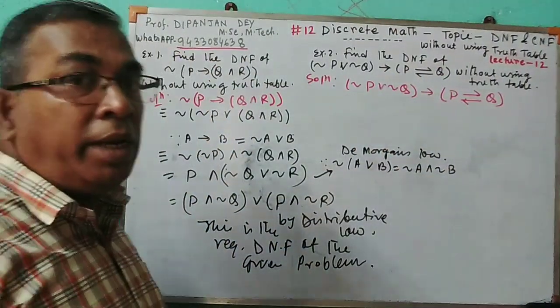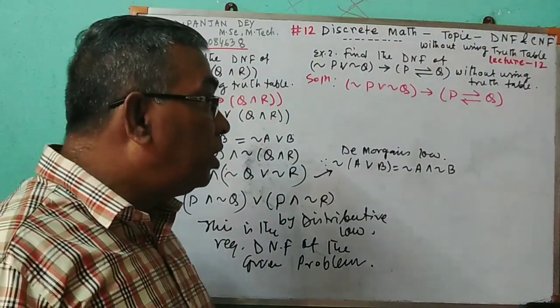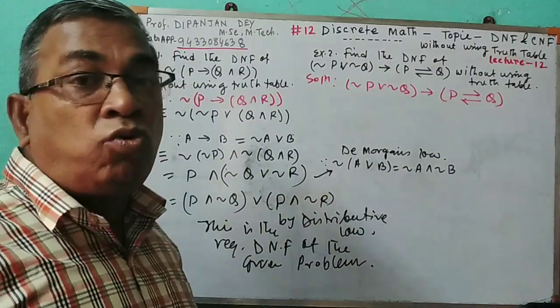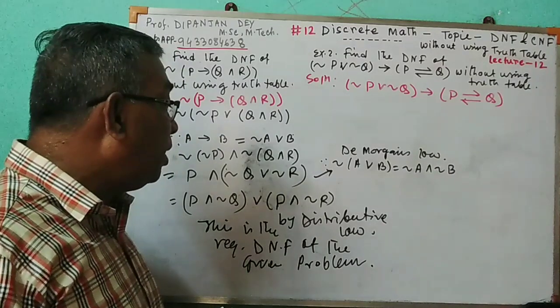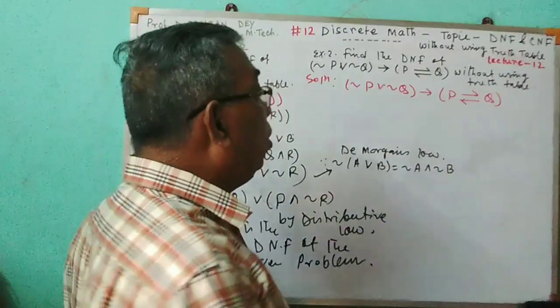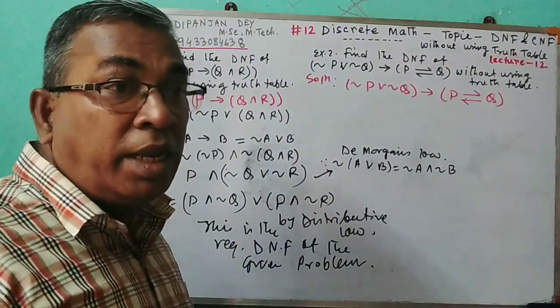So in every case, whether without using a truth table or with using a truth table, in all cases you will see in DNF and CNF there will be no implication and double implication sign in the required DNF.